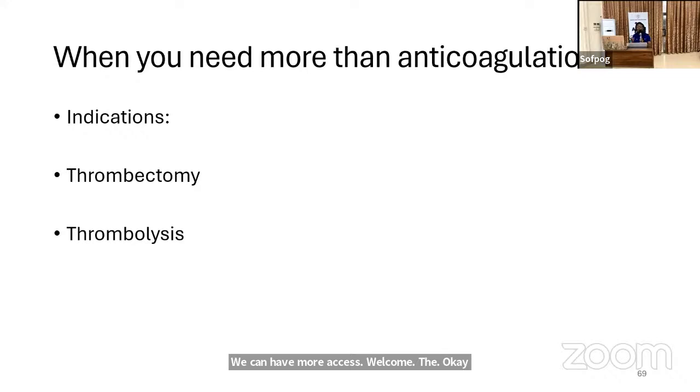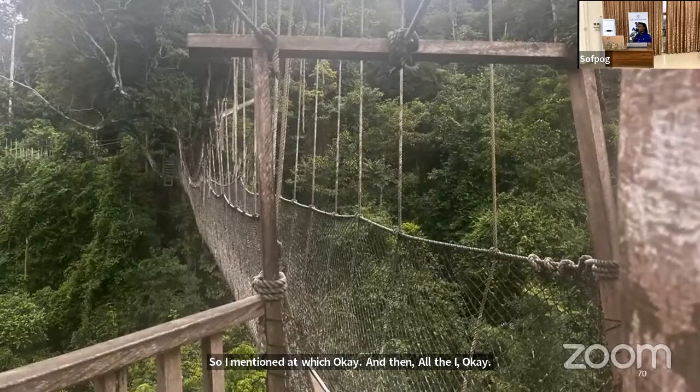I mentioned that you need to determine whether people are stable or unstable physically, and then you may need more than anticoagulation: mobilization, getting the blood pressure down, managing shock, or antibiotics.